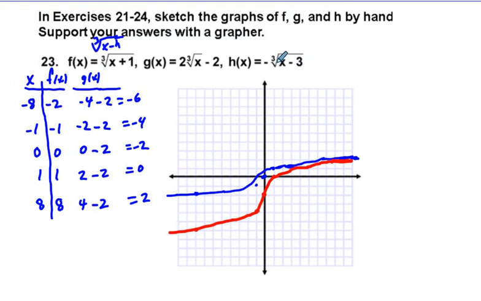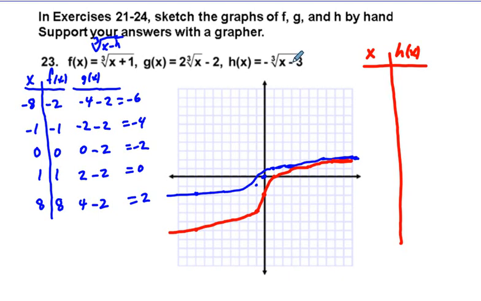Lastly, we have this negative cube root of x minus 3, and I'm going to go over here to the right and show what that looks like. We're going to have x, h of x, and for that what I'm going to do is translate this.